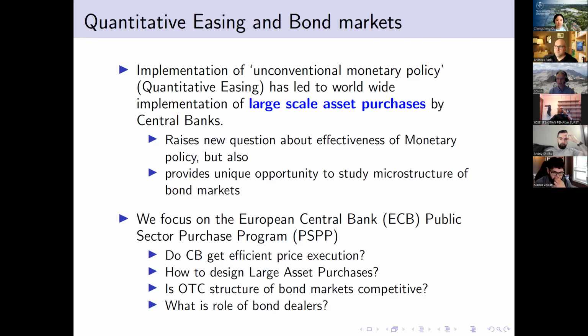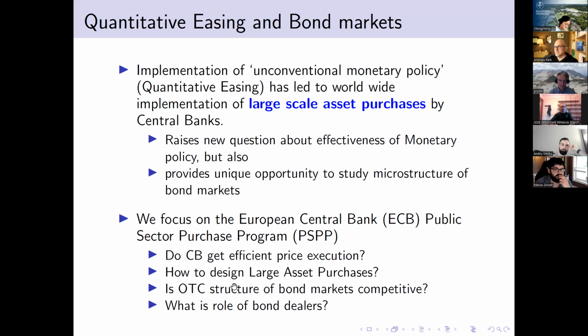It's a unique opportunity empirically, and to think about the theory as to how these large purchases affect market prices. We're focusing on the European Central Bank's PSPP, the Public Sector Purchase Program, which is in fact the largest part of the asset purchase program of the ECB, and we're going to focus mostly on the German Bund purchases. We want to ask whether the central banks get efficient execution in their purchases.